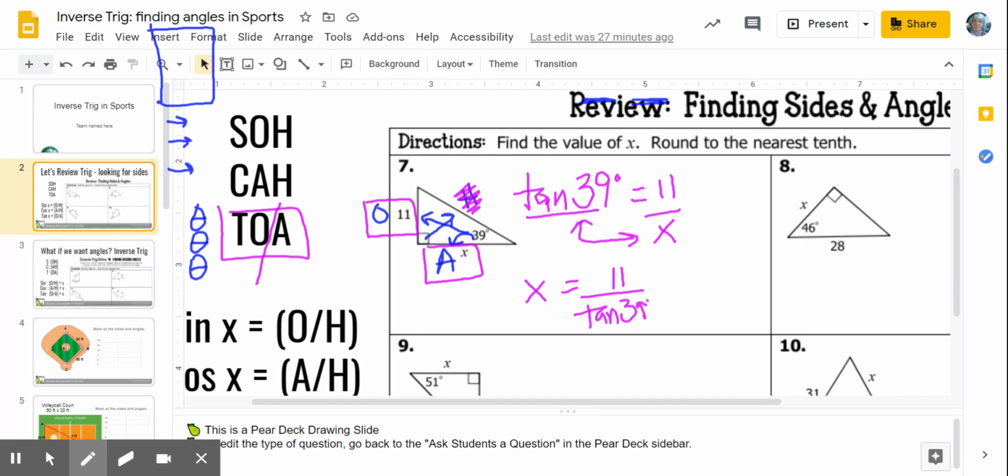And then you just open your Desmos, right? Or go to your calculator, whatever calculator you use. And 11 tangent 39 is already there for us from our last class. Do you have it in radians? No, radians would be 3.04. So if you got 3.04, you need to change it to degrees. But if you do 11 divided by tangent 39, you should get 13.6.